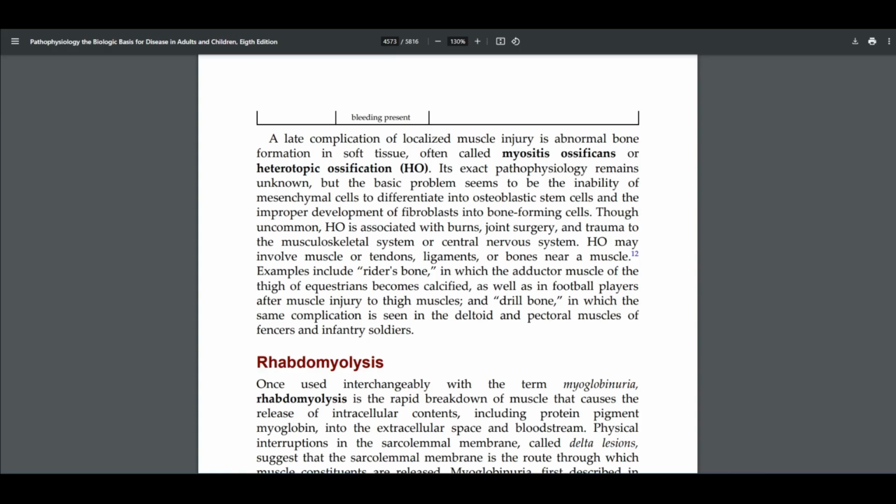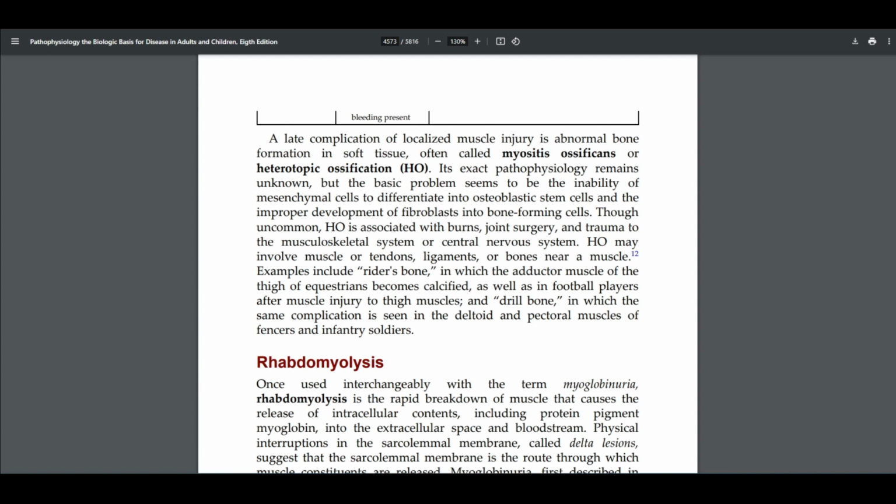Its exact physiology remains unknown, but the basic problem seems to be the inability of mesenchymal cells to differentiate into osteoblastic stem cells and the improper development of fibroblasts into bone-forming cells. Though uncommon, heterotopic ossification is associated with burns, joint surgery, and trauma to the musculoskeletal system or central nervous system.